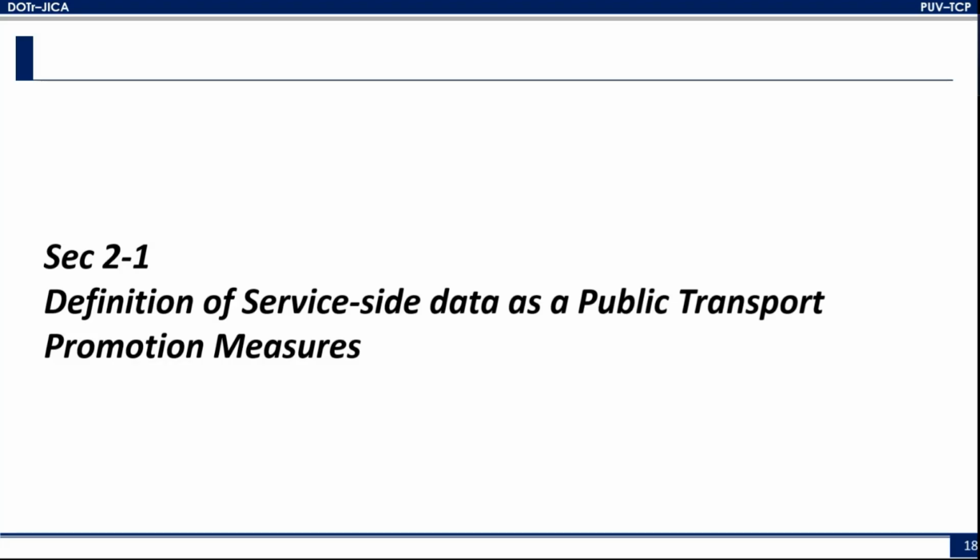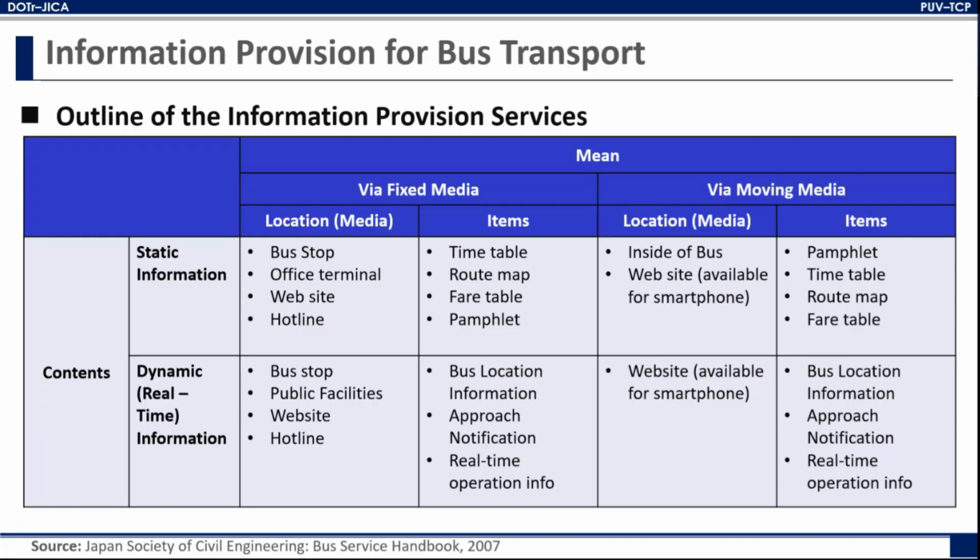Of course, there is so much information, and this table is from the Japanese bus service handbook. It outlines the information provision service regarding bus transport, what the contents are, and what kind of means there are.